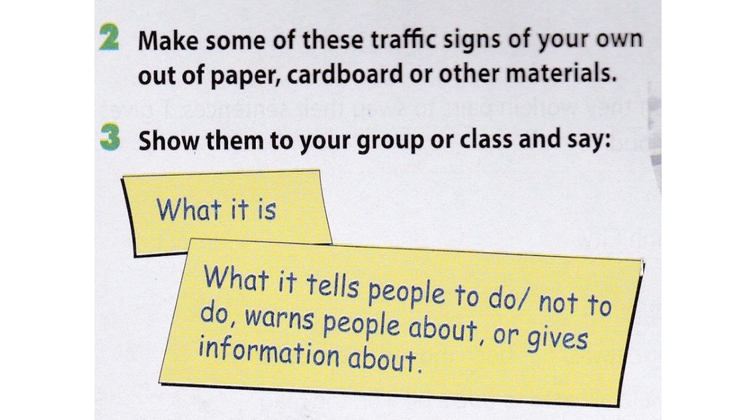Make some of these traffic signs of your own out of paper, cardboard, or other materials. And the last step, number 3, show them to your group or class and say what it is and what it tells people to do or not to do, and warn people about or gives information about.